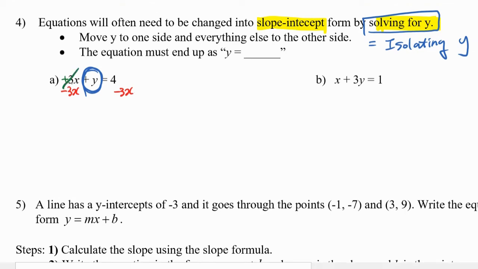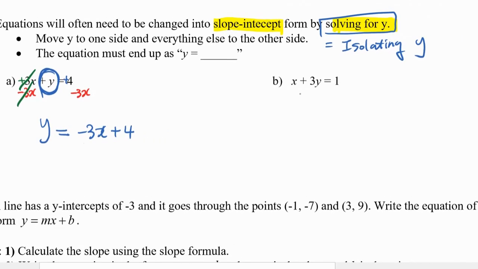Then it will be gone. Y will be isolated, and I have negative 3x plus 4. Remember, plus is hiding in front of 4. So that is y equals negative 3x plus 4. Now we have slope-intercept form. So the slope is negative 3 and the y-intercept is positive 4.